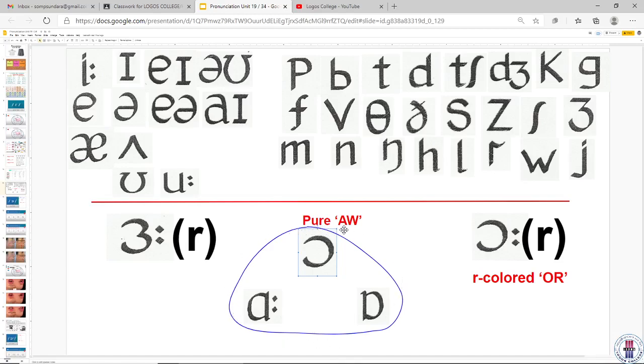I circled these three because, be careful, they might sound the same, they're very similar, especially these two right here. This is aw, and this is oh, right? Notice these two dots right here again. Remember, that means the aw and the or sound. These are long vowel sounds, all right?